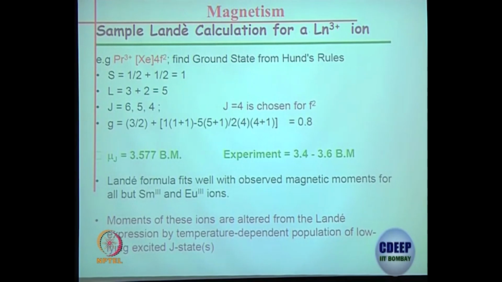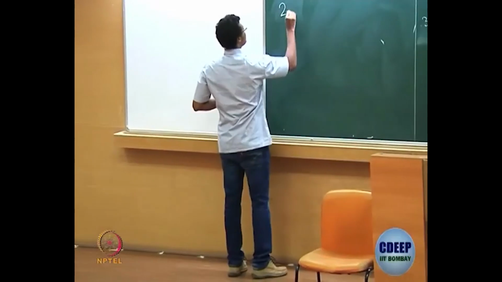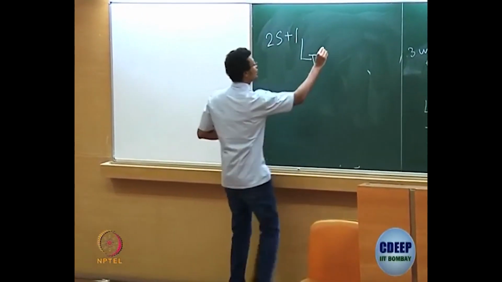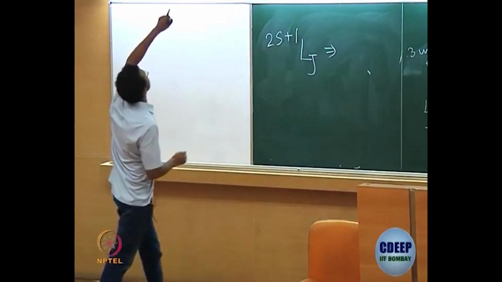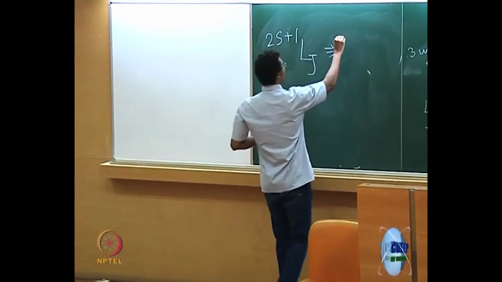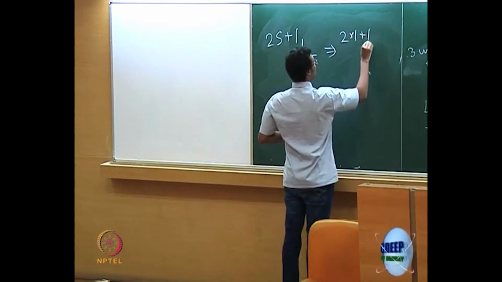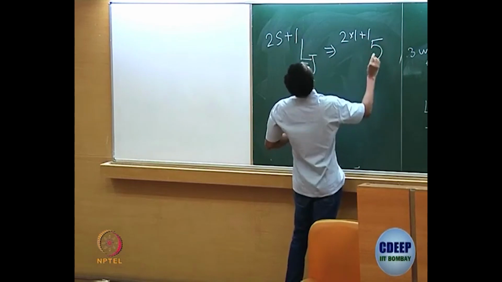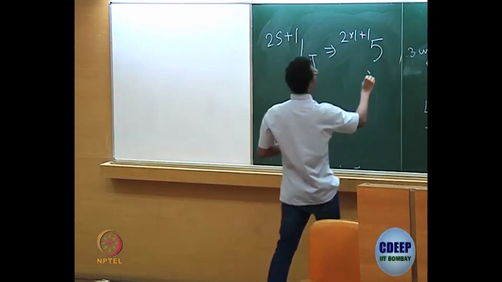Let me just, some of you may not be seeing it. It is going to be 2S plus 1, L, J. So you can take a 2 minutes break. 2S plus 1, S equals 1 plus 1, L equals 5 and J equals 4.